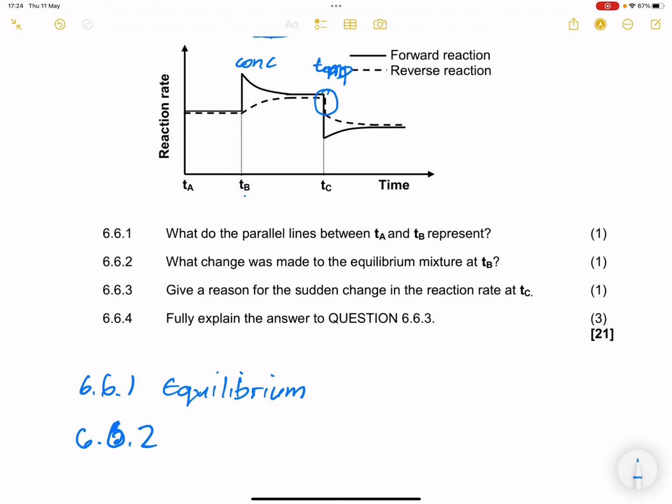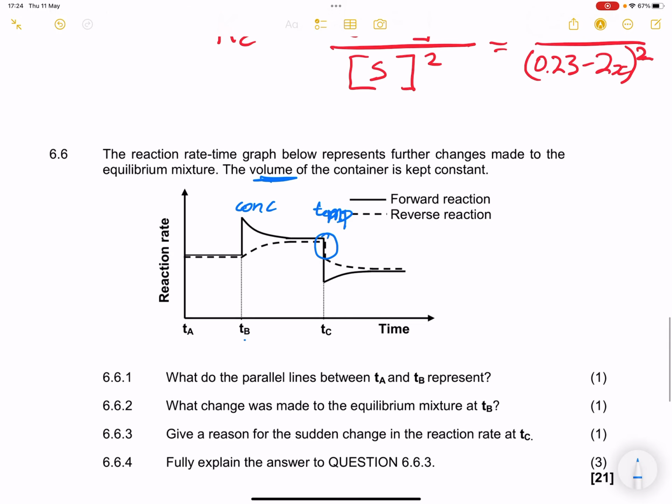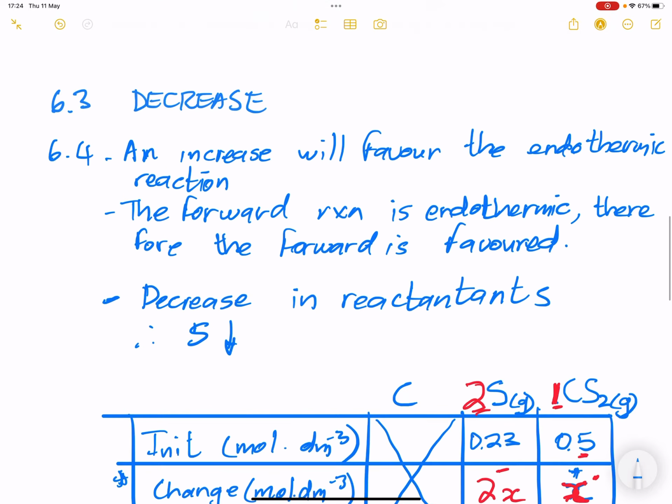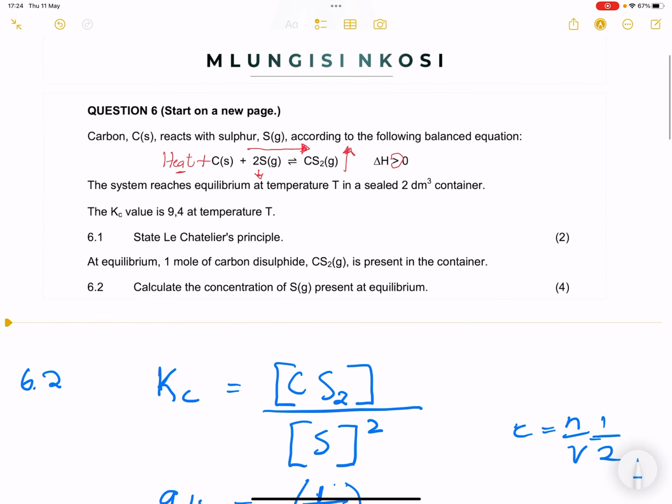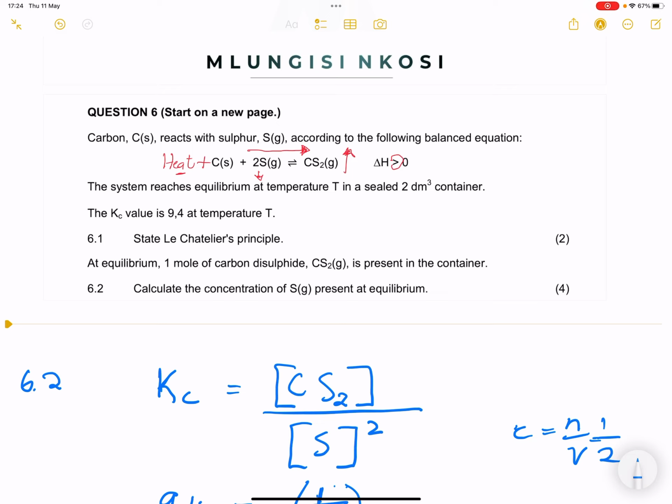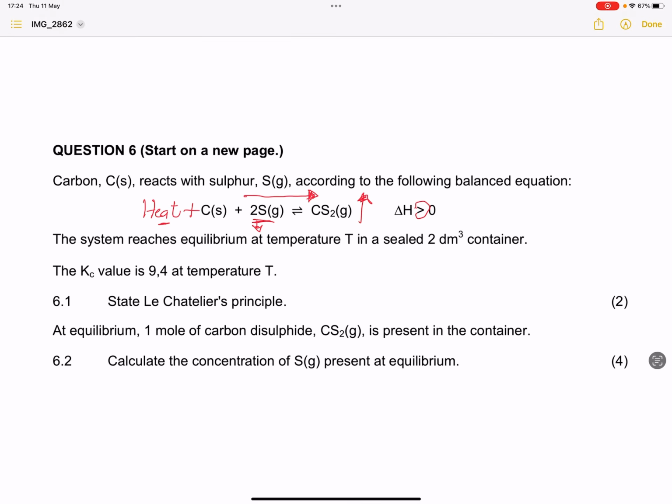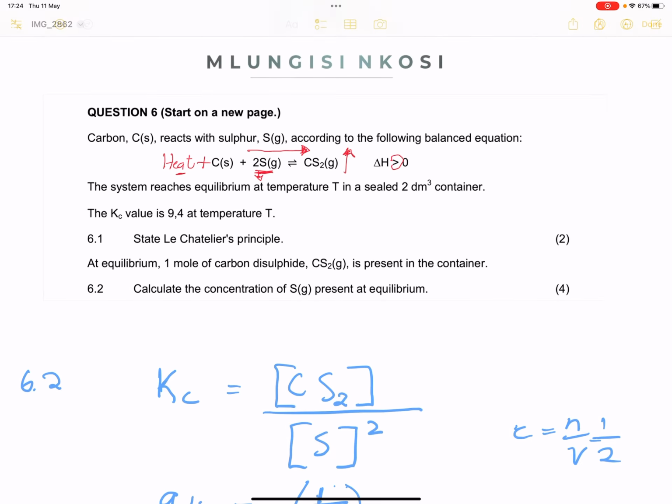6.6.2. Okay, so they say what change was made to the equilibrium mixture at TB? Now if you think about concentration, remember that only gases and aqueous solutions can be quantified in terms of concentration, right? So there's no way that we added a solid in this case. So definitely we actually added more sulfur, okay?